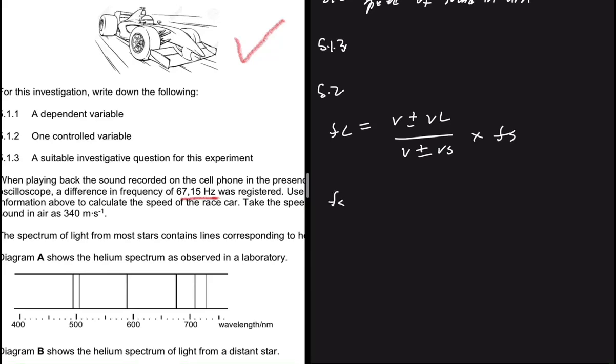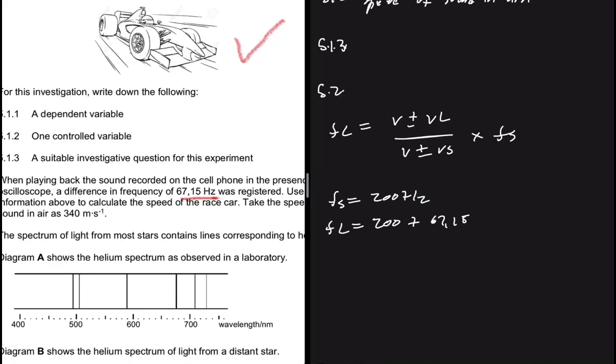So the frequency emitted by the source is 200 Hz. If we're considering the case where the car is moving towards, then fL will be equal to 200 plus the difference that was observed. And then for a person who's taking the case where the car is moving away, it's going to be 200 minus 67.15, because you would expect the frequency observed to decrease, right?